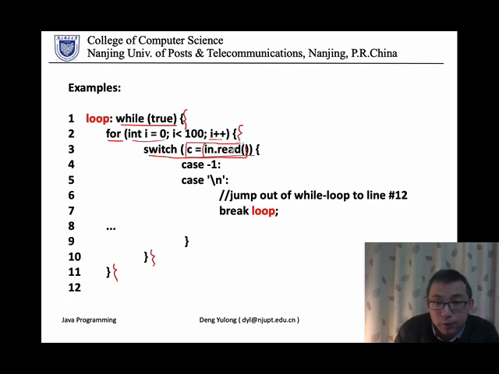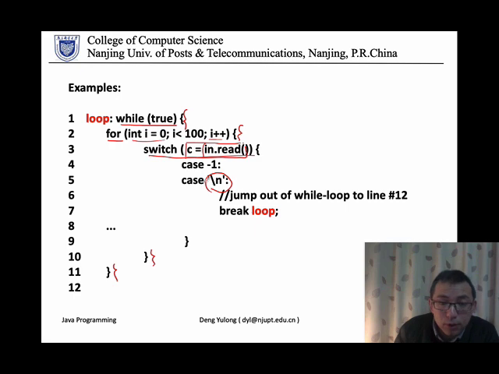So we read a character from the keyboard and put it into c. This is a character value, and then in the cases we try to match this expression. If the character equals -1 or the newline symbol, we will try to get out of this whole loop.